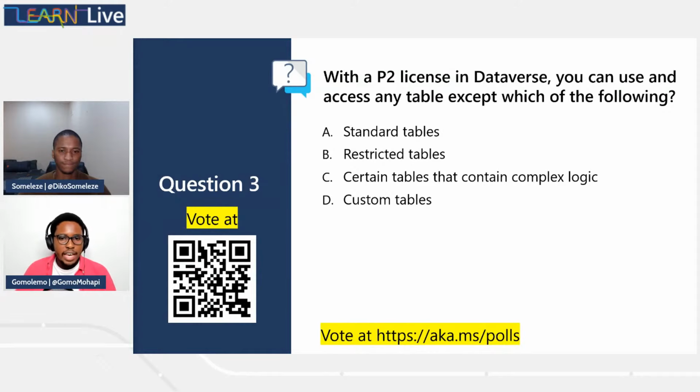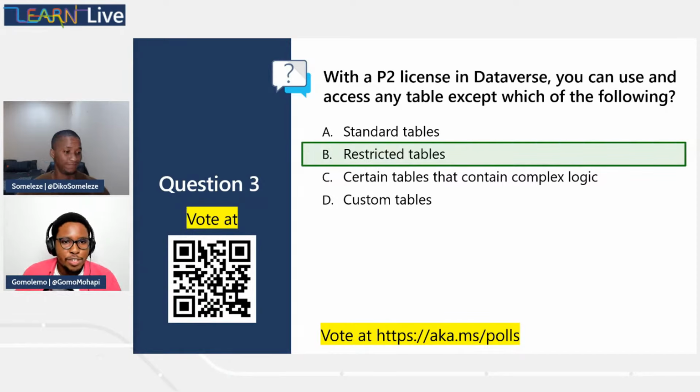It's a tricky topic for most people. I think it's very crucial to understand the types of licensing you may need, especially when you're creating some of these apps for your own business. So you say it is C. Let's see what the actual answer is.